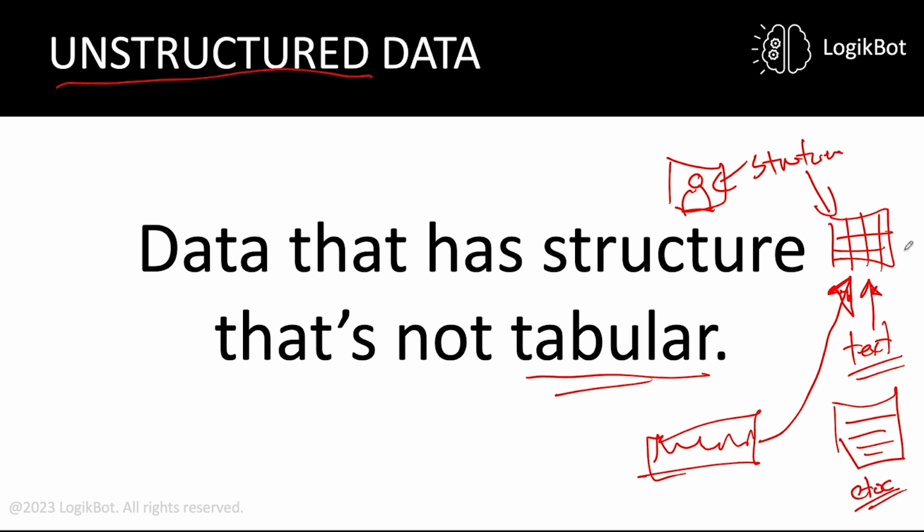It still needs to be in the form of an array, but it's not necessarily tabular in nature. All right. How about an HTML file? Have you ever seen HTML? HTML certainly has structure, or we couldn't have the internet. However, it can't be easily massaged into a table. All right. So we have two kinds of data. We have structured data, and then we have unstructured data.